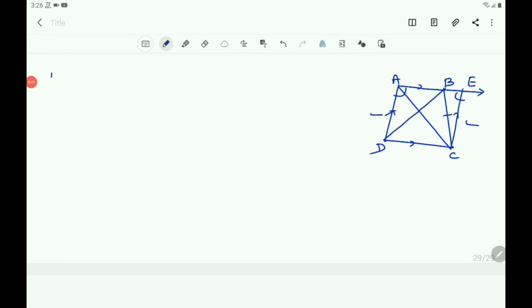Now to prove the second one: angle C equals angle D. Here the sum of angle A and angle D is equal to 180 degrees, because AD is a transversal of the parallel lines AB parallel to DC, and they are the interior angles on the same side of the transversal.